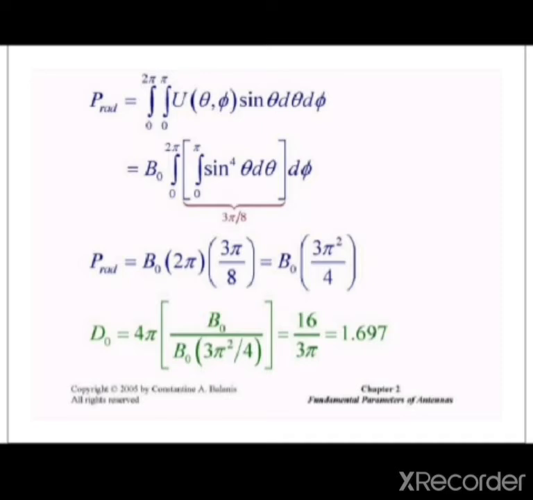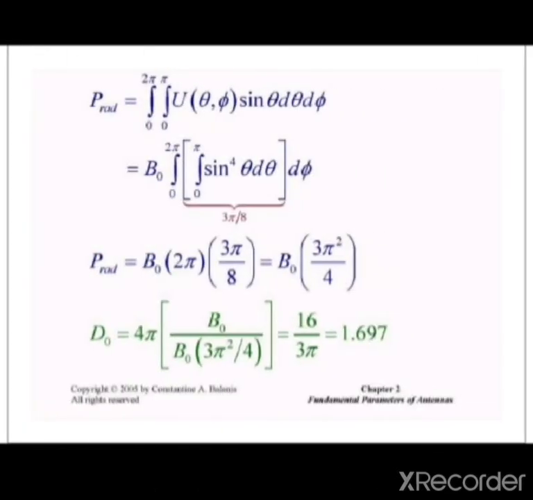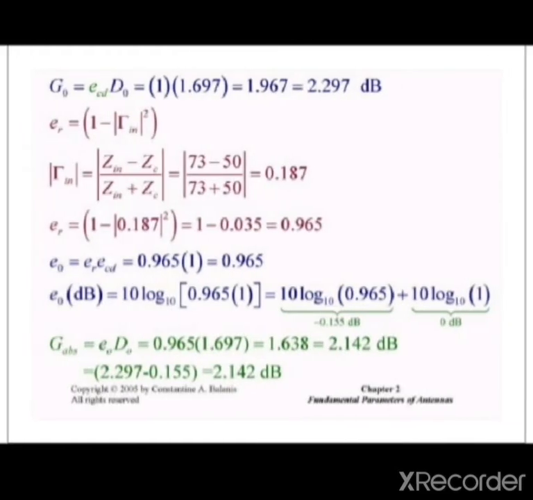The directivity is 4 pi into U max by P radiation, this is the formula we have from before. After substituting both values and calculating, you will get the result 1.697. This is the directivity of the antenna for the given problem.